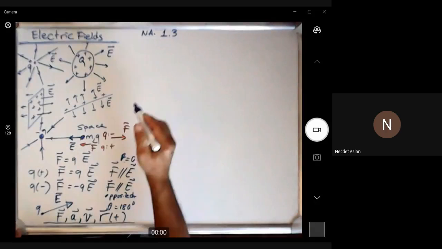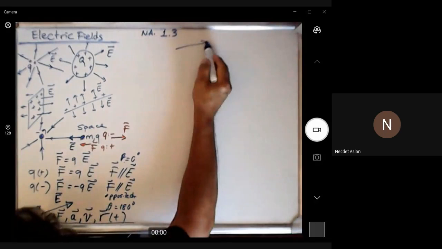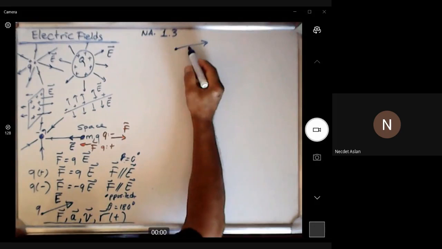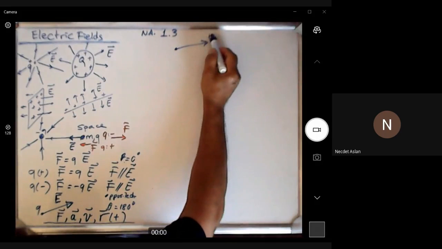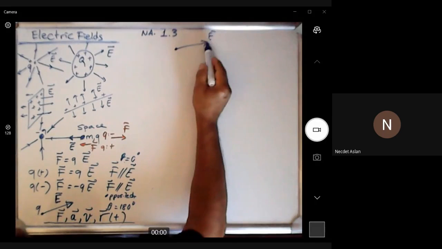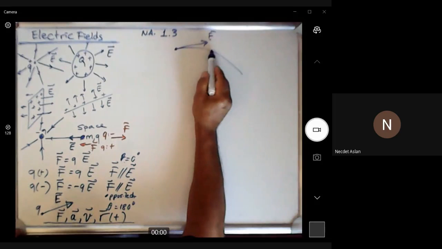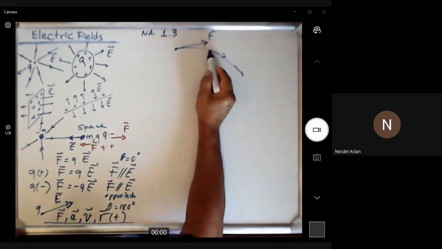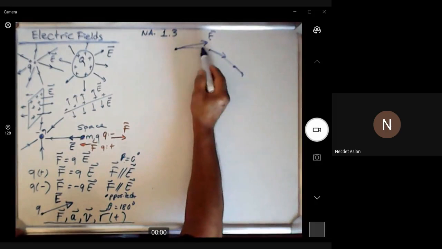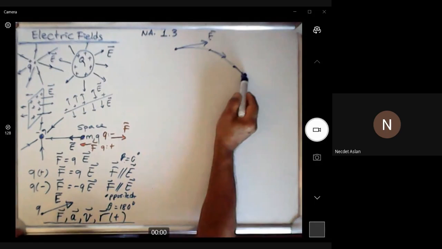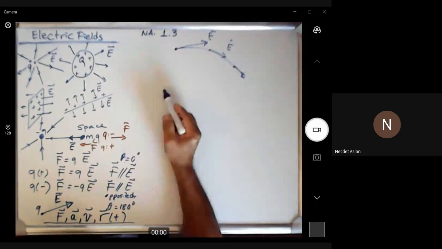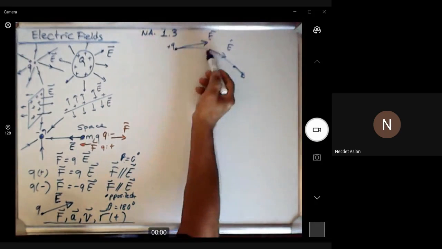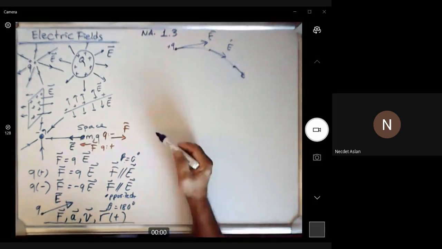So suppose there is an electric field somewhere and the particle starts its motion at this point, it will move in the direction of the electric field. Maybe the electric field is not straight, but rotating. It's possible. In this case, the particle or the charge will move along this path, following the electric field lines, if, of course, the charge is positive. If the charges are negative, they move in the opposite direction.